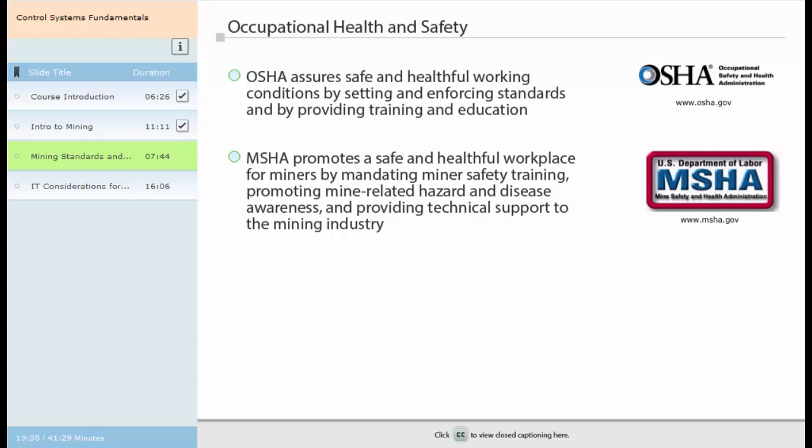The Mine Safety and Health Administration, MSHA, is a U.S. Department of Labor administration dedicated to promoting a safe and healthful workplace for miners by mandating miner safety training, promoting mine-related hazard and disease awareness, and providing technical support to the mining industry.